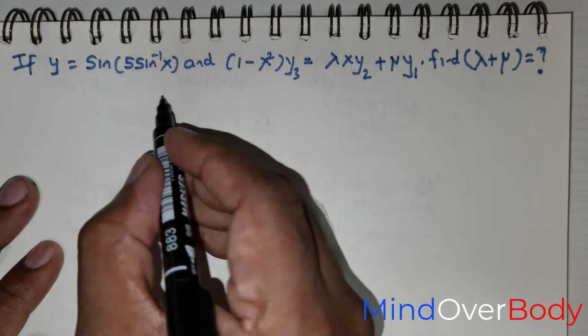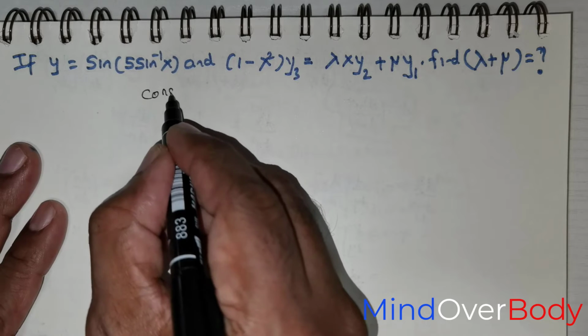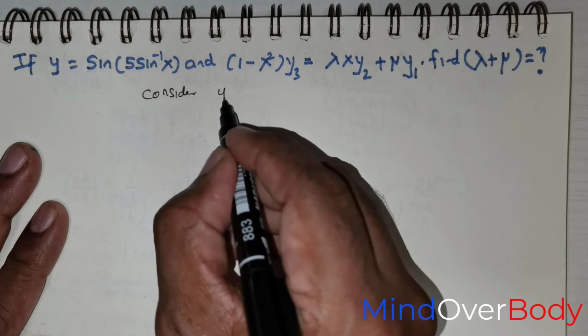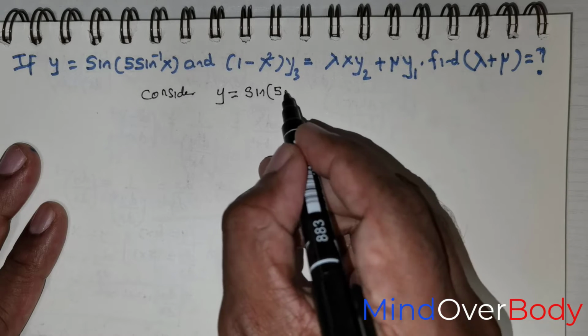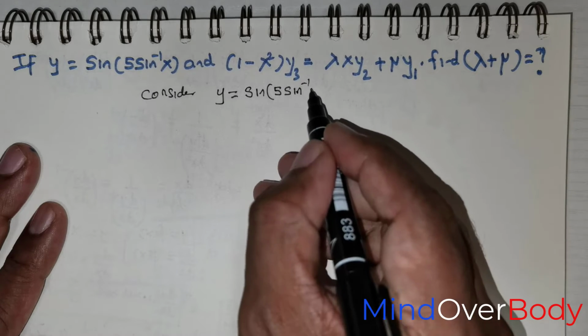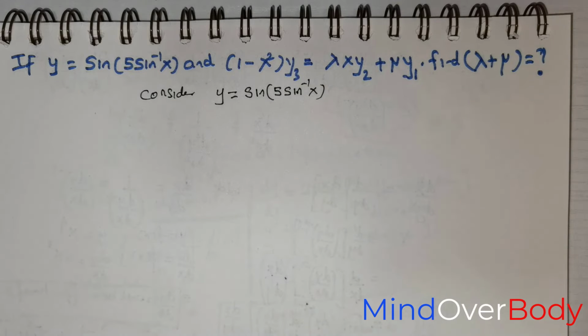So foremost, what I would do is I would consider y to be equal to sine of 5 times sine inverse of x. Now this is a beautiful question, and it involves some tentative threading.